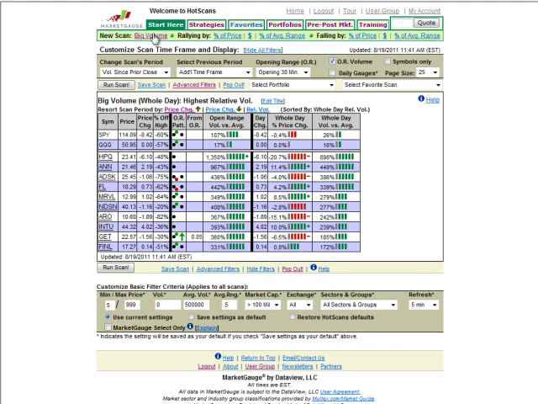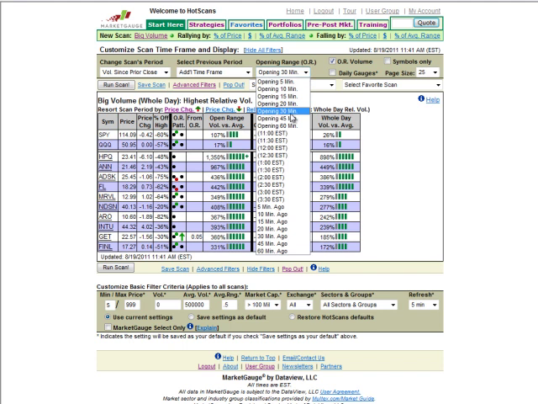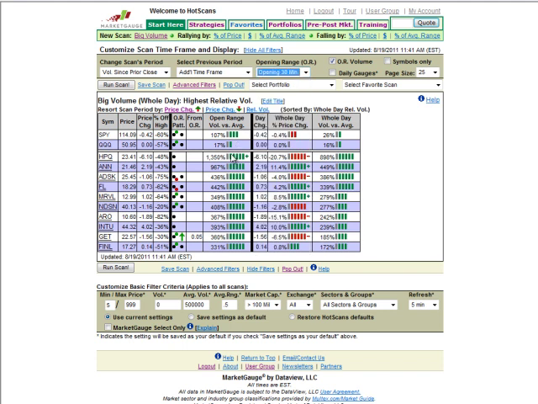So for example, in order for me to find the stocks that we just looked at, I would just go to a big volume scan and then go into my advanced filters. Actually, before I went into advanced filters, I used this little checkbox up here to display the opening range volume, and I set my opening range to 30 minutes, and that gives me a list of stocks that had unusually large volume in the first 30 minutes.